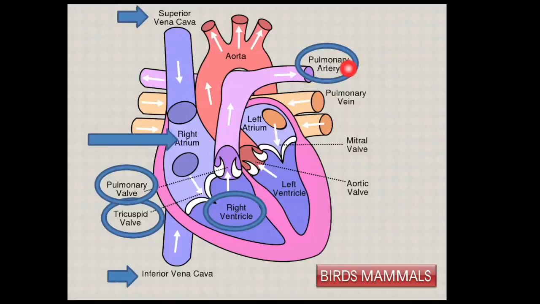This is an artery, but it contains deoxygenated blood. So the blood will go to the lungs, where oxygenation will occur. From the pulmonary artery it goes to the lungs for oxygenation, and after oxygenation, the blood will flow into the pulmonary vein.